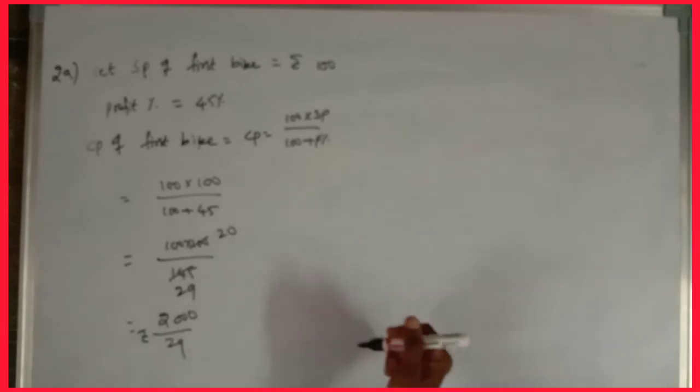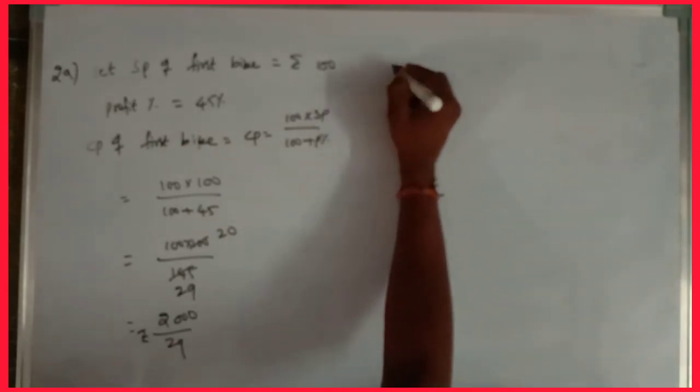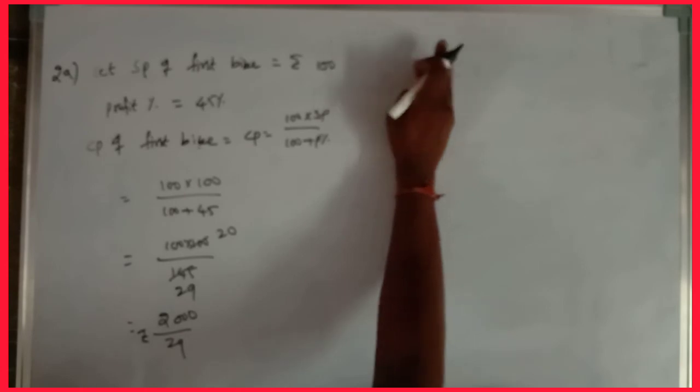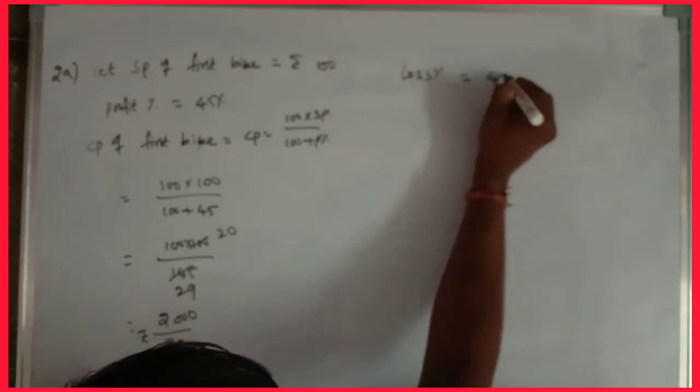Okay, in the same way, I'm going to take the next one. Now SP is the same, and the next is loss. So loss percentage is the same 45%, that is on the second bike.